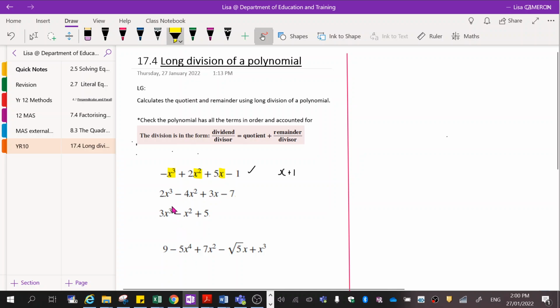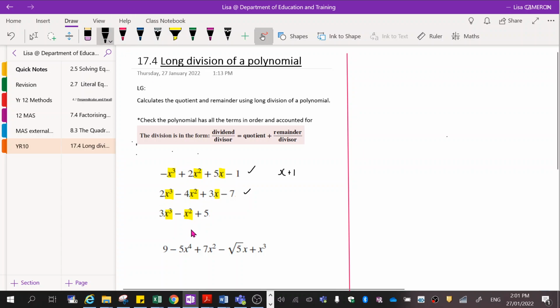Now, it doesn't matter about the coefficient in front, just what's happening with our x terms. So x cubed, x squared, x, and then our constant. That one as well isn't missing any, and they're all in order. Now, this one here, we've got x cubed, x squared, and then we should have an x term.